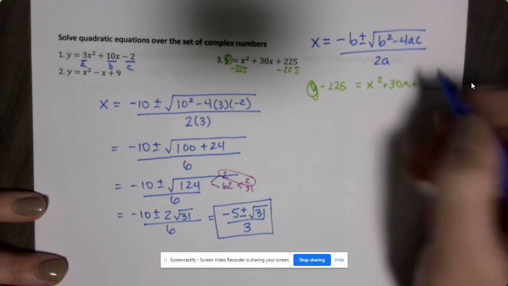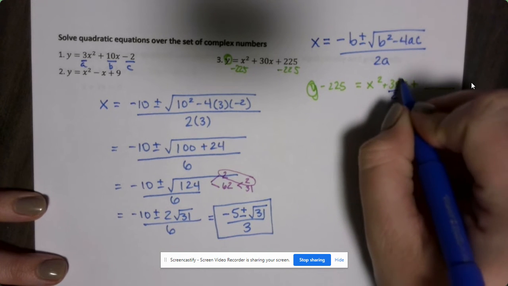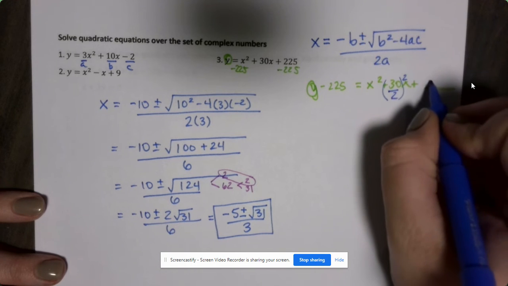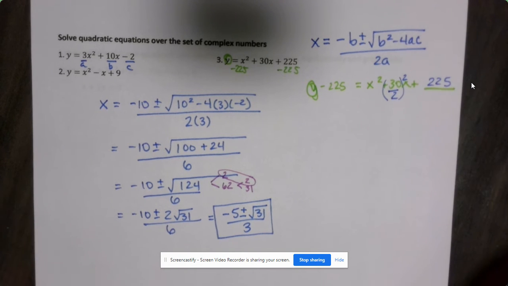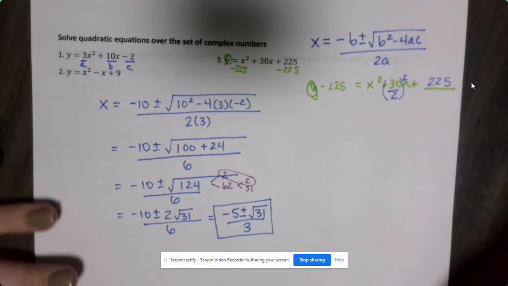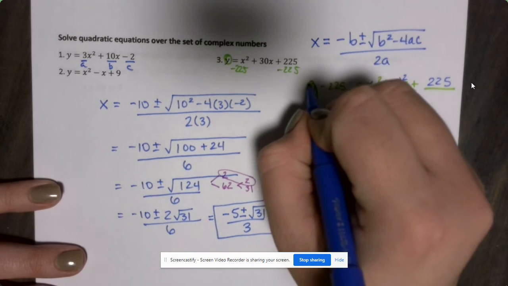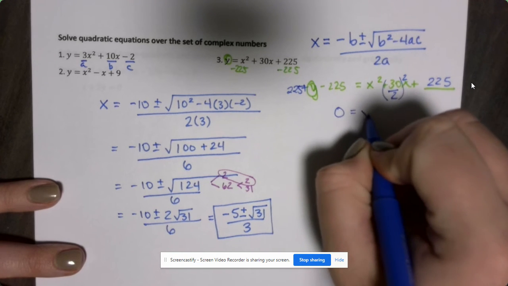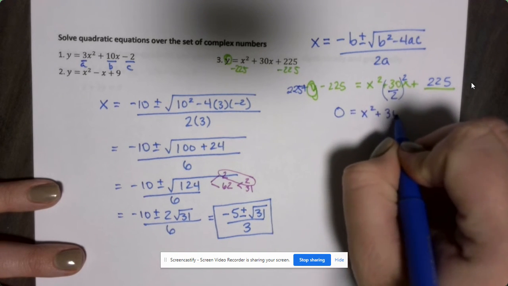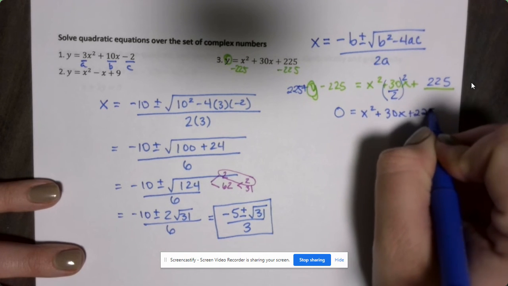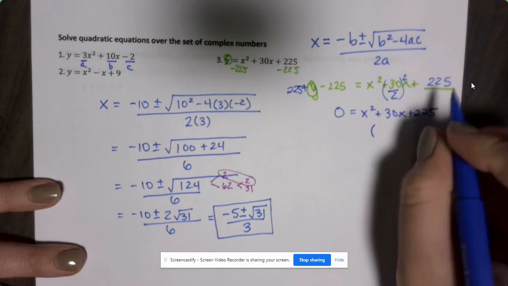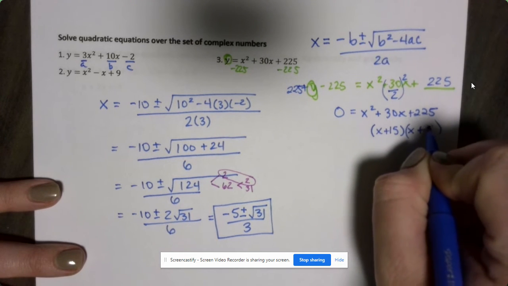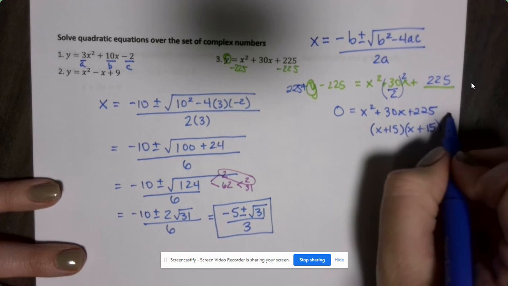Now, to fill in that blank, we're going to take this, divide it by 2, and then square it. So that would be 15 squared, which, hey, guess what, is 225. Look at that. It was actually a perfect square to begin with. So when I add 225 to the other side, we're actually going to see the original thing again, which means we can factor this after all. x plus 15, x plus 15.